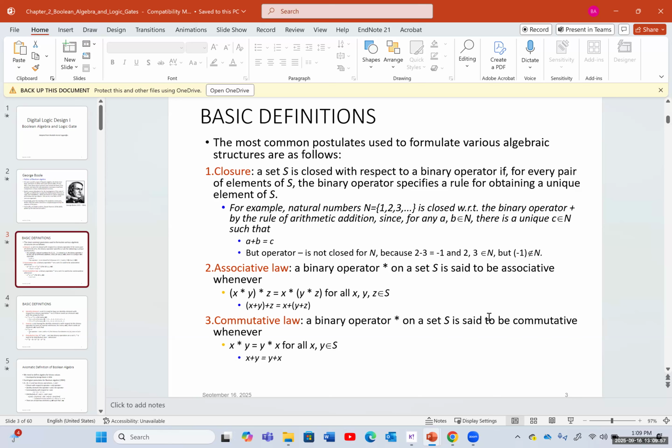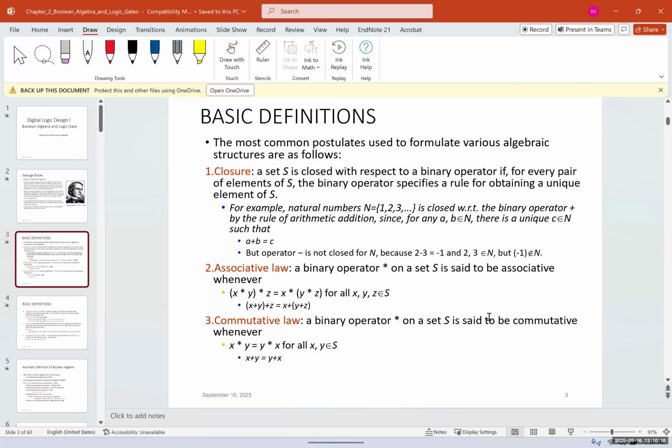And then we have the commutative law. A binary operator like the AND operator on a set S is said to be commutative whenever X AND Y is equal to Y AND X, or X OR Y is equal to Y OR X. By the way, these are AND and OR operators.